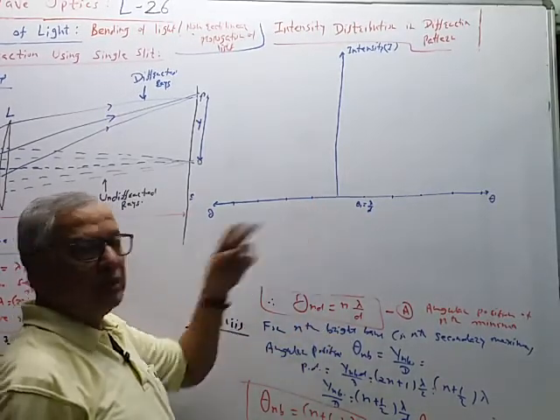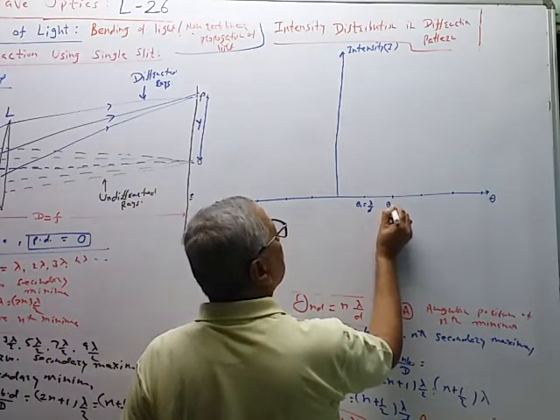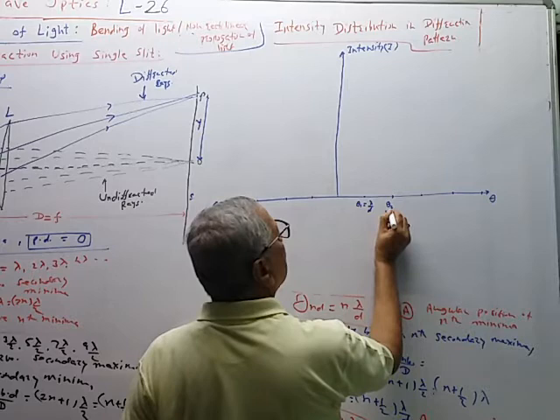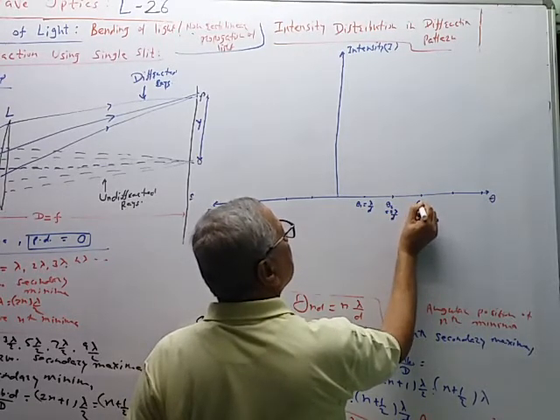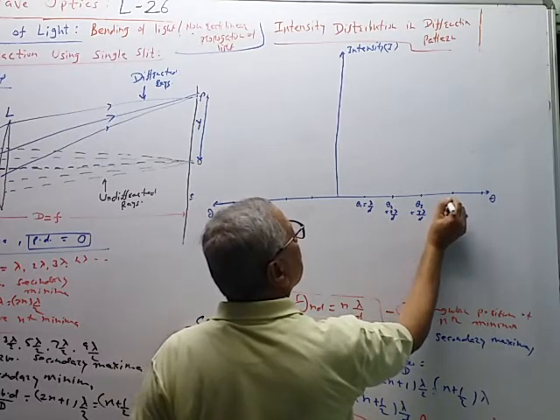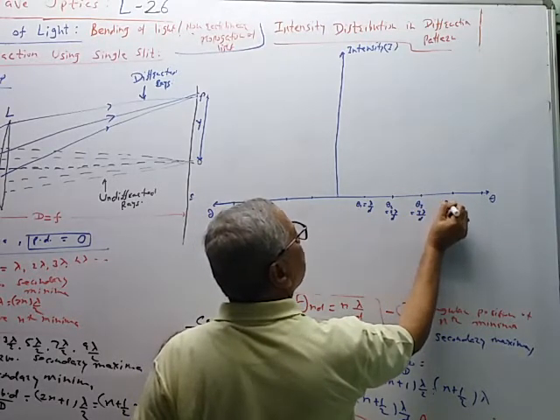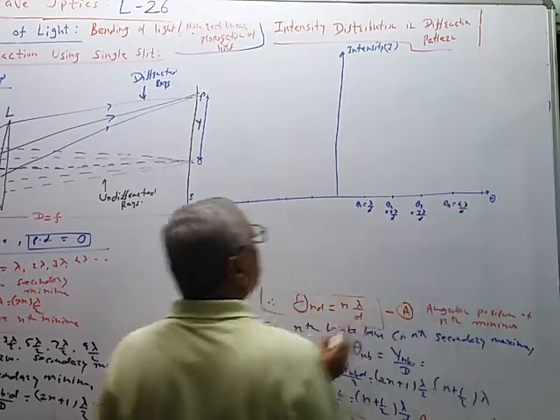Put n is equal to 1. Here there will be a minimum, meaning 0 intensity. Theta 2 is equal to 2 times lambda upon d. Theta 3 is equal to 3 times lambda upon d. Theta 4 is equal to 4 times lambda upon d.